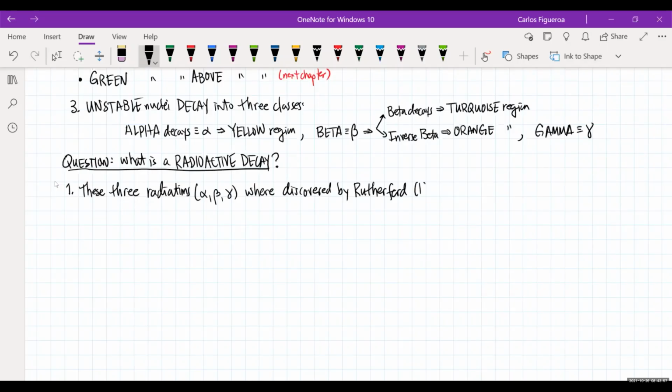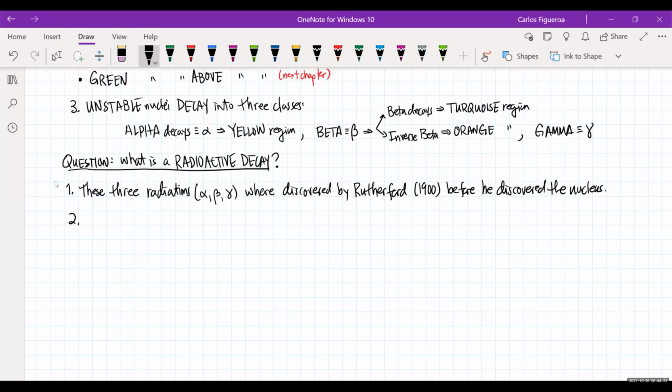And he did this in 1900, before he discovered the nucleus. In fact, the reason that he discovered the nucleus is he was trying to understand more about the alpha particle.